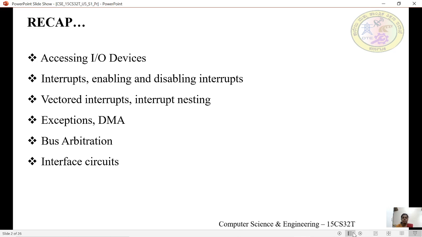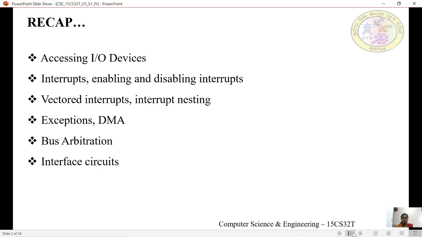Before we start the actual session, let us recap the content from the previous unit. In the previous unit, we discussed how to access I/O devices, interrupts, and enabling and disabling the interrupts. Then we discussed vector interrupts, interrupt nesting, and how to handle the interrupts when multiple devices are sending them.